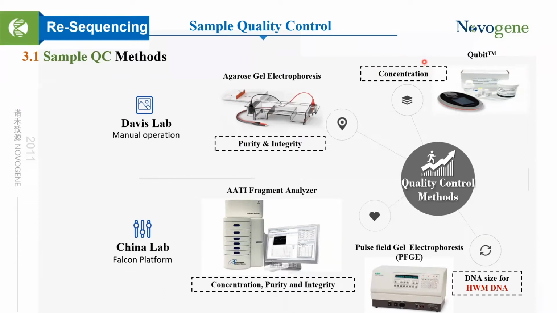While at China Lab, the fragment analyzer will be conducted for examination of concentration, purity, and integrity. And for the high molecular weight DNA samples, pulsed-field gel electrophoresis will be performed additionally for DNA size checking.